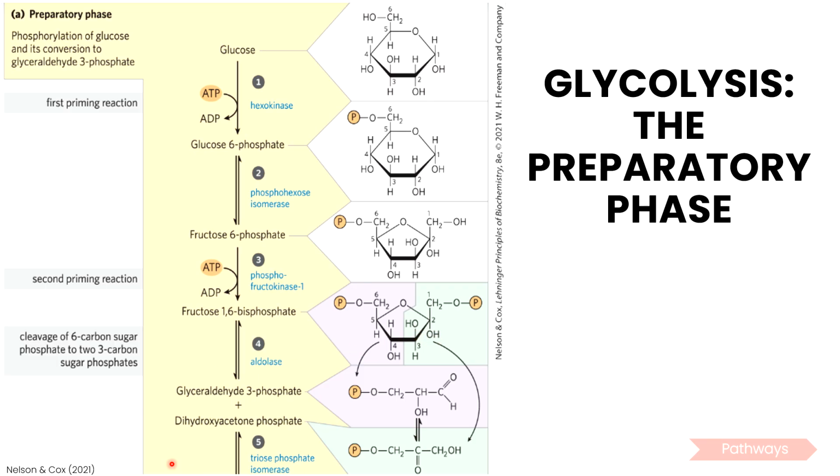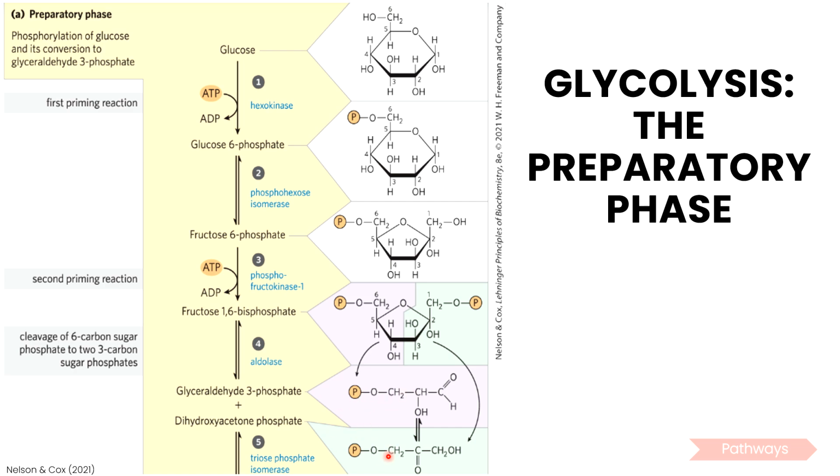So now moving down here, here are our 2 molecules. Here's our GAP and DHAP. So what's happening to our carbon skeleton? Well, we started with 1 6-carbon glucose molecule, and now we have divided those carbons into 2 3-carbon molecules.